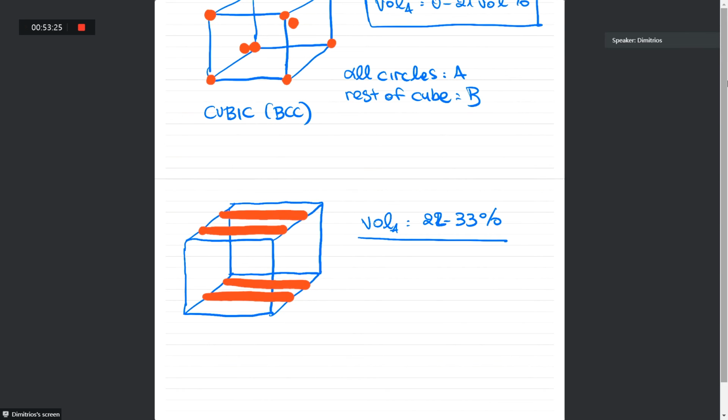So we have 2 cylinders at the bottom and top, and 3 cylinders in the middle. Okay, so these are A cylinders.